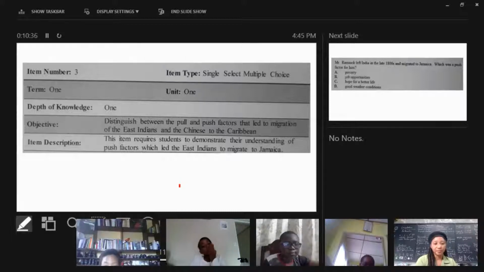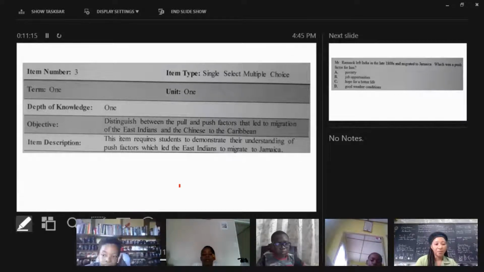Item 3, single select multiple choice. The objective is to distinguish between the pull and push factors that led to migration of the East Indians and the Chinese to the Caribbean.